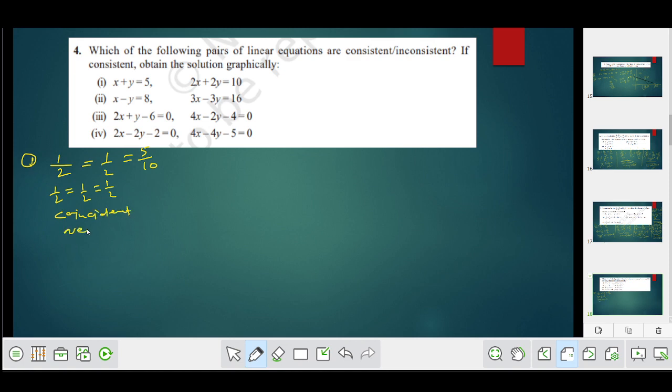Overlapping. If overlapping, then we can say that it is consistent, many solutions. Clear?